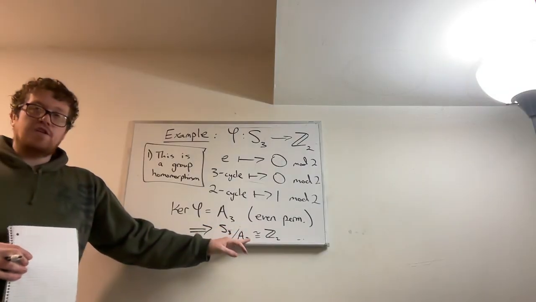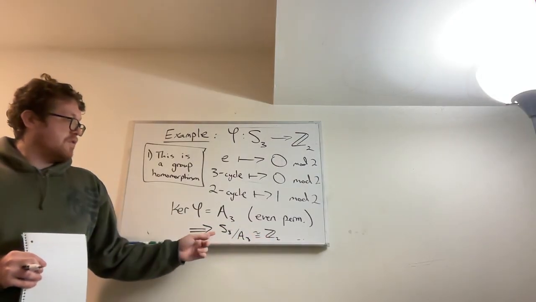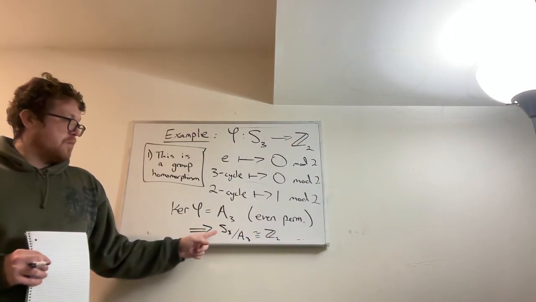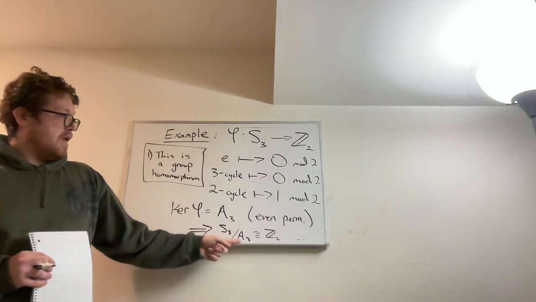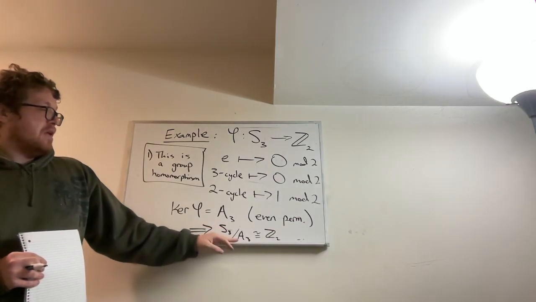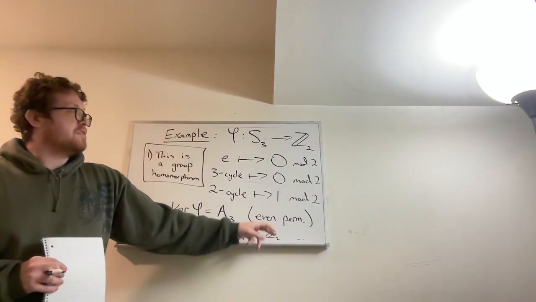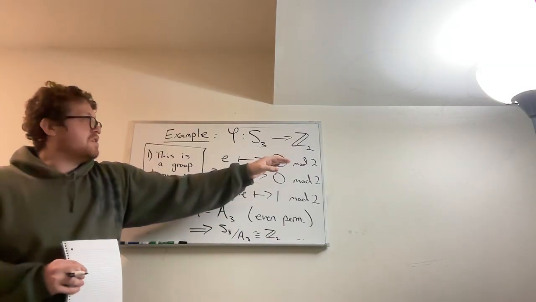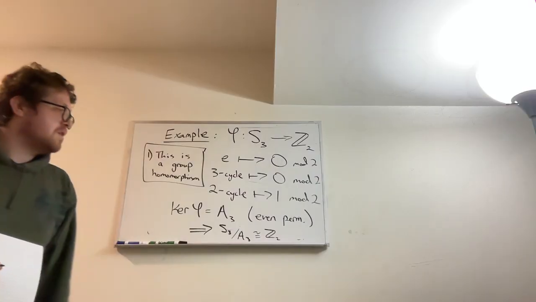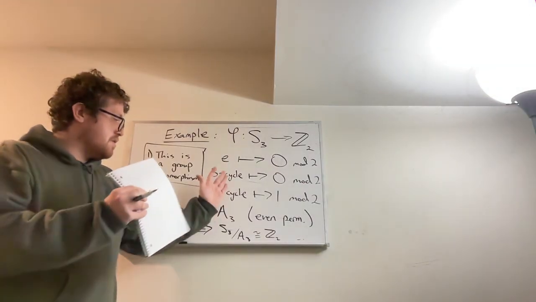And sometimes it's good to just check that the numbers make sense. For the sizes of the groups, S3 has size 6, A3 is a subgroup of size 3, and 6 divided by 3 gives you 2, which is the size of the integers mod 2. We just have 0 and 1, so there are only 2 elements. Everything checks out because the division makes sense.